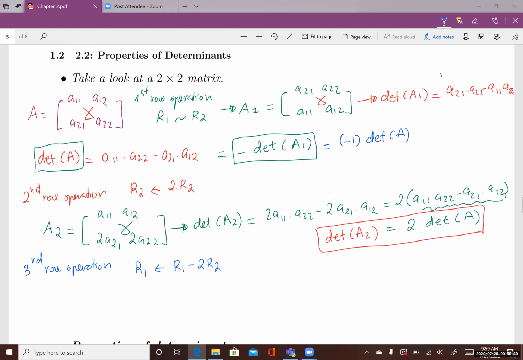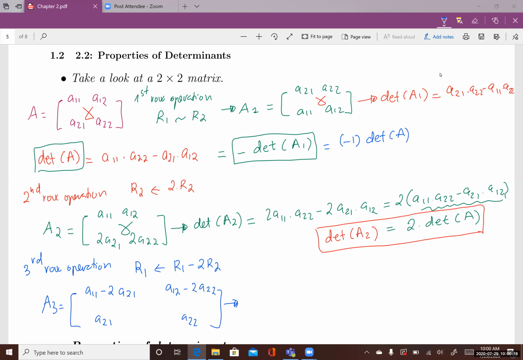Well, then the new matrix A3 will be equal to, row 1 would be changed, right? Row 1 minus 2 row 2. So it's going to be A11 minus 2A21, and then A12 minus 2A22. And then A21, A22 still stay the same.